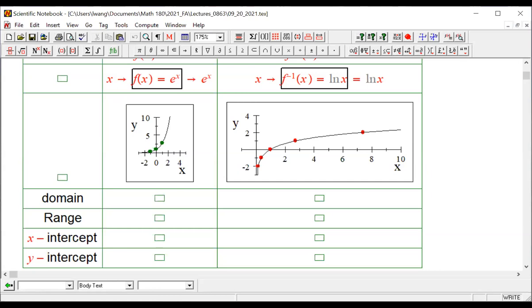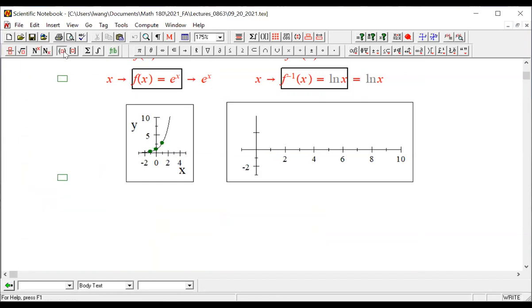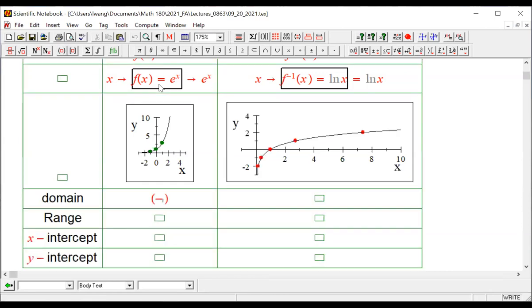Are you guys there? Yes. Domain, what's the domain for e to the power x? All real numbers, right? Range, for any real number x. And what's the domain for ln x?